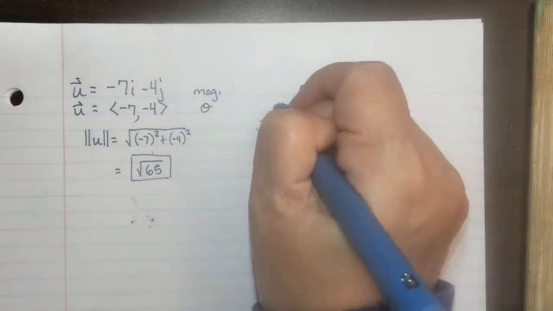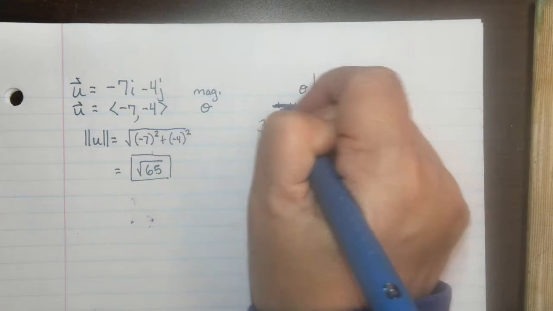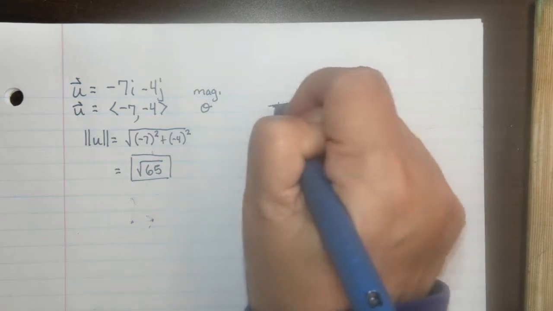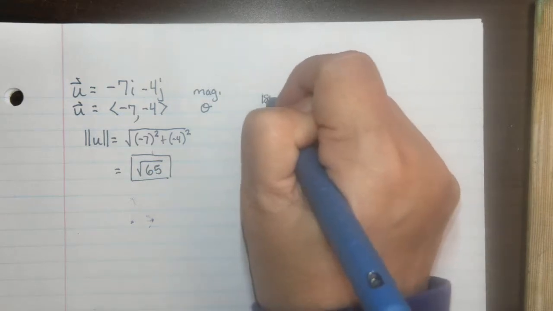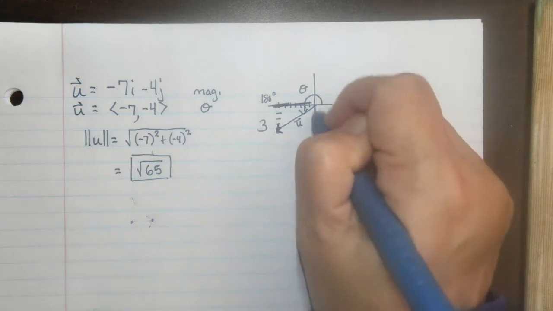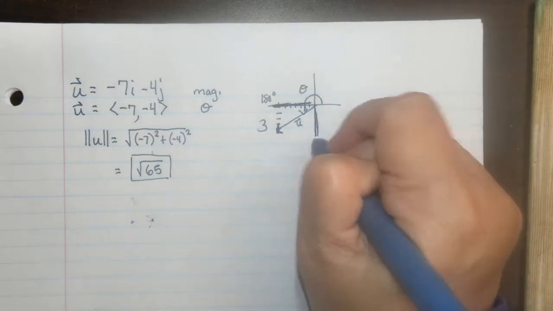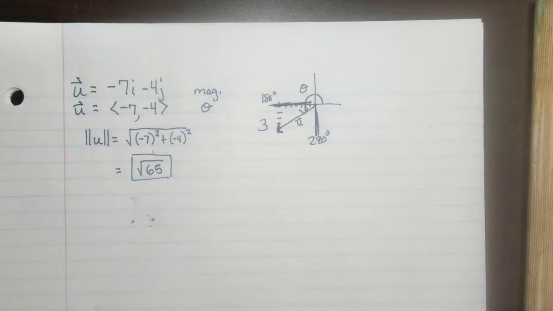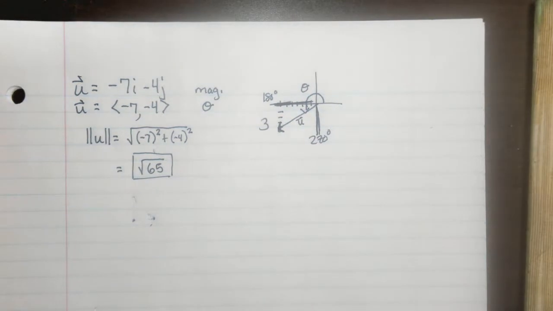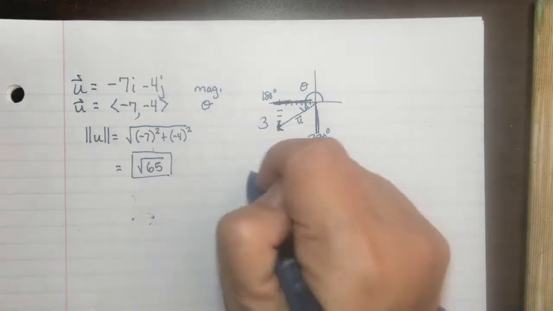And what's the degrees right here on the negative x-axis? 180. And what's the degrees here on the negative y-axis? 270. So if you were taking a multiple choice test, your answer should be between 180 and 270, right? But now we have to find out exactly what it is. So again, I'm going to do like before.